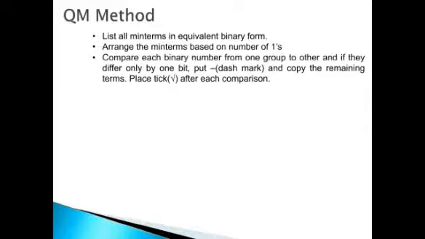In the second step, we will compare each binary number from one group to another group, and if they differ by one bit, we will put a dash there and copy the remaining terms as they are, and we will place a tick mark after each comparison.